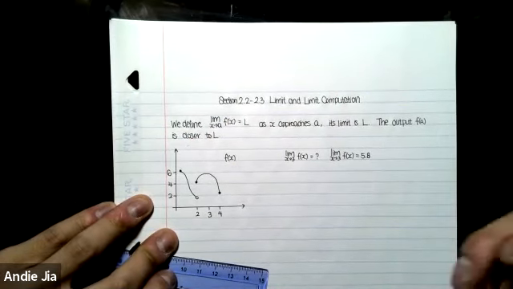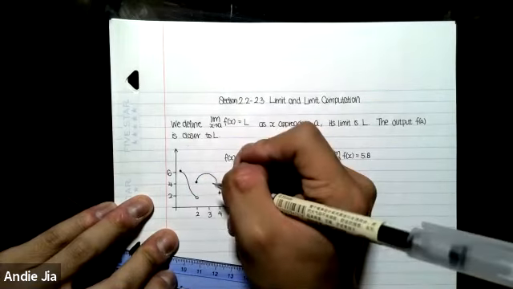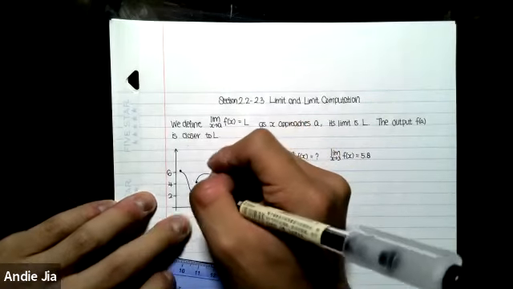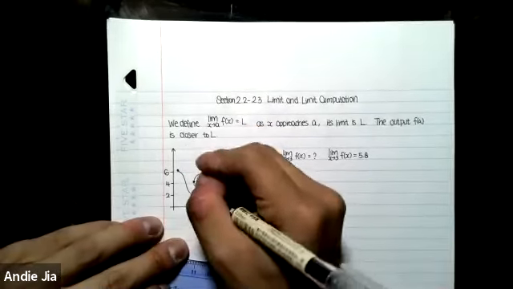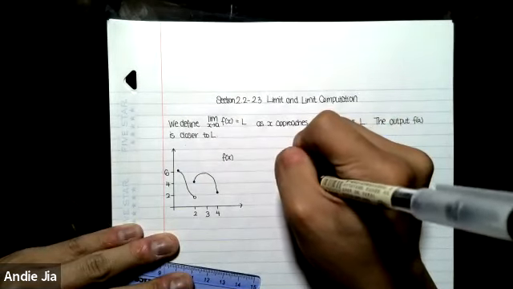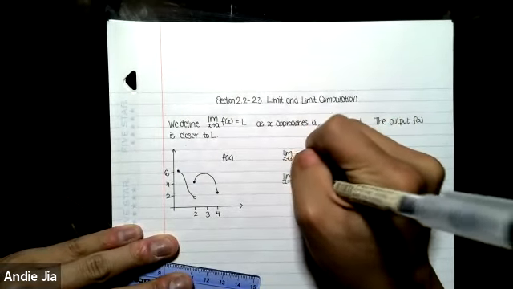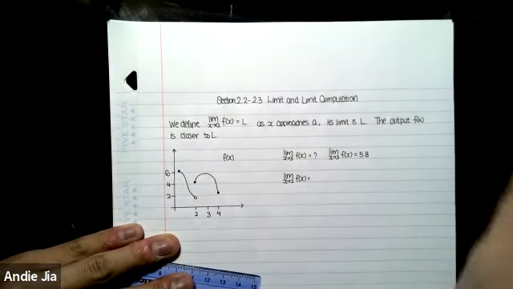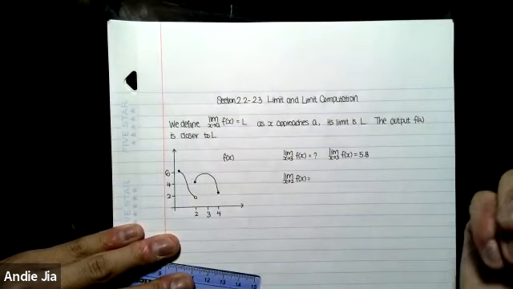But when x equals 2, here's the challenge. There's 2 and 4, and you can't just average the two limit values here.